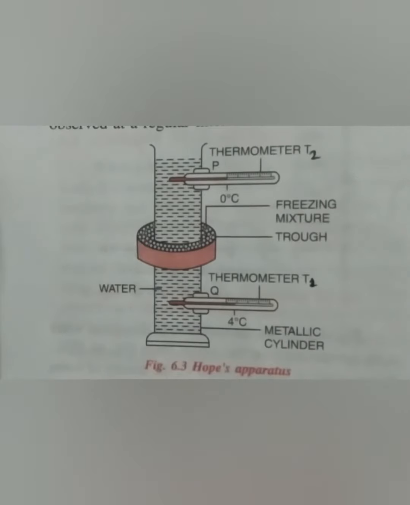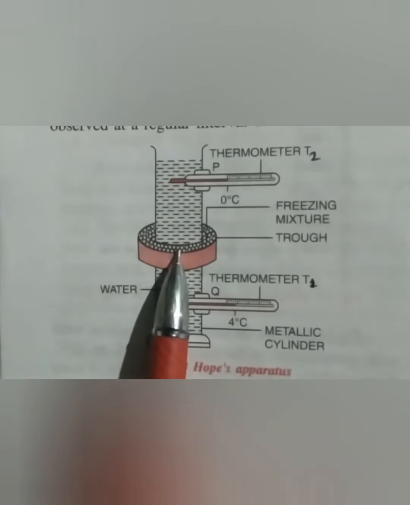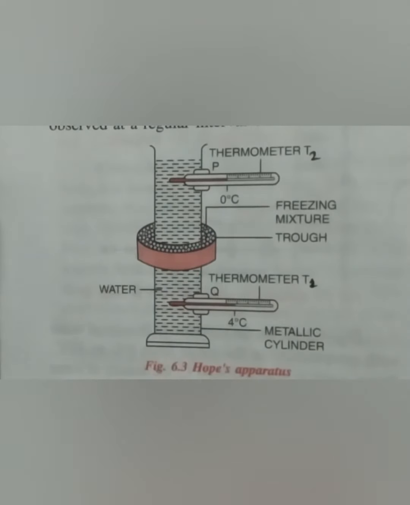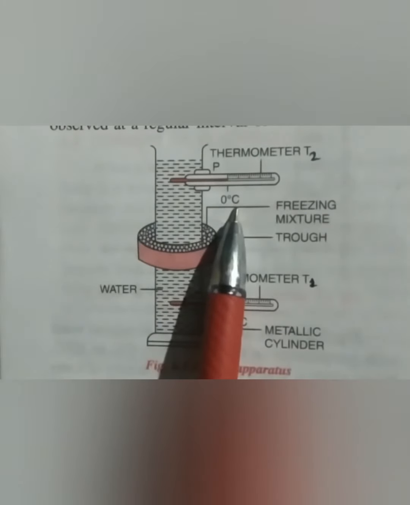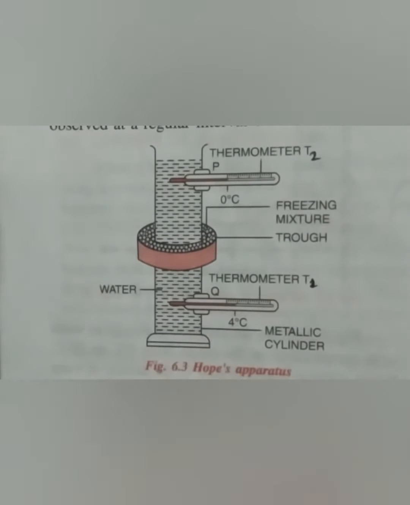To take its place, water from top descends down and by convection, water above the central portion cools. So the reading of upper thermometer T2 now falls rapidly till 0 degrees centigrade and water near the top freezes to form ice at 0 degrees centigrade.